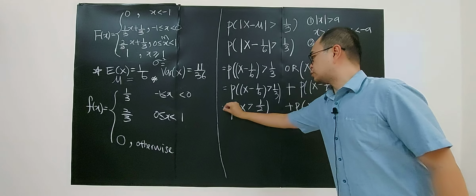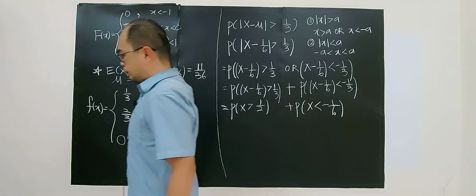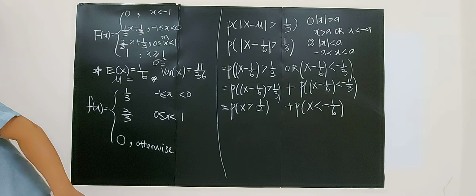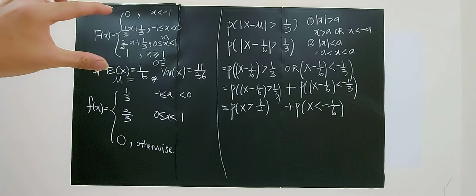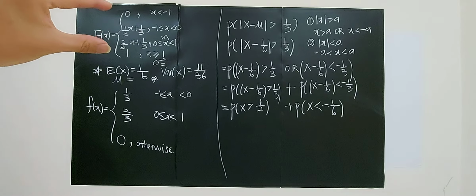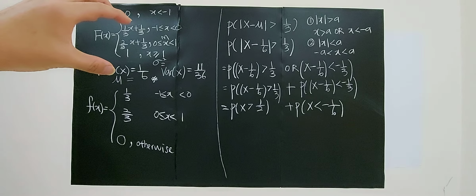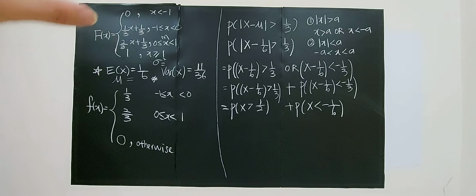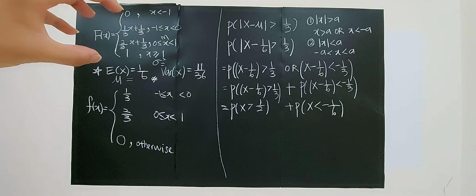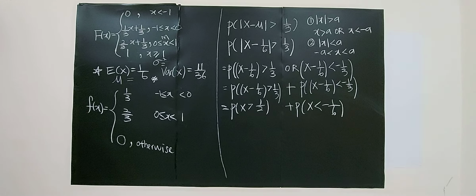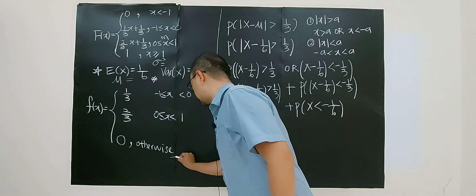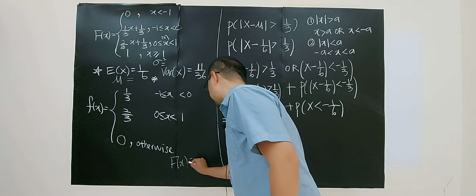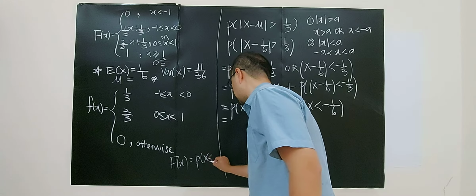Now, we can use either the capital letter F, the cumulative distribution, or the probability density function. But I recommend my students to use the cumulative distribution here. If the question already gives you the cumulative distribution and probability density function, it's better to use the cumulative distribution to avoid the integration, right? It's time consuming. So you have to remember that the capital letter F(x) is defined to be the probability of X less or equal x, right?